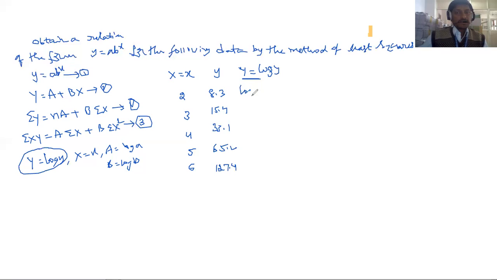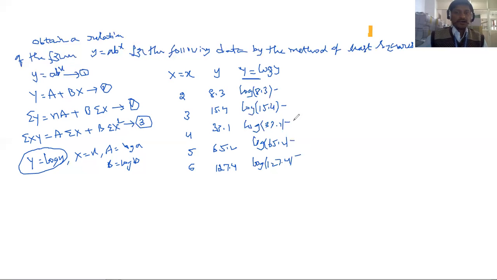So we need to calculate log 8.3, log 15.4, log 33.1, log 65.2, and log 127.4. By using your calculator, you need to calculate these values.